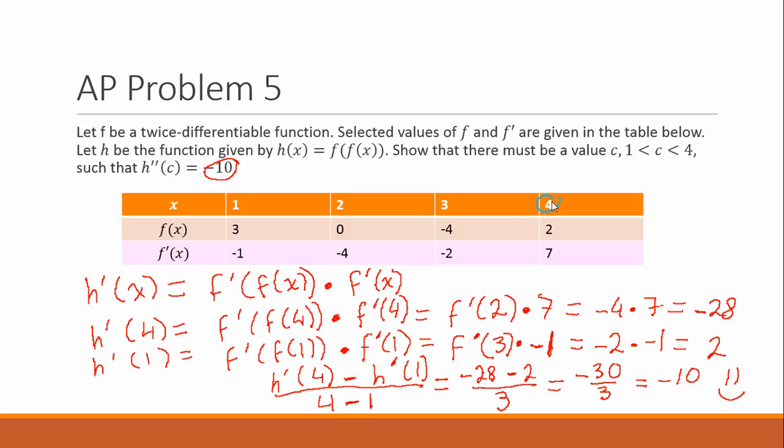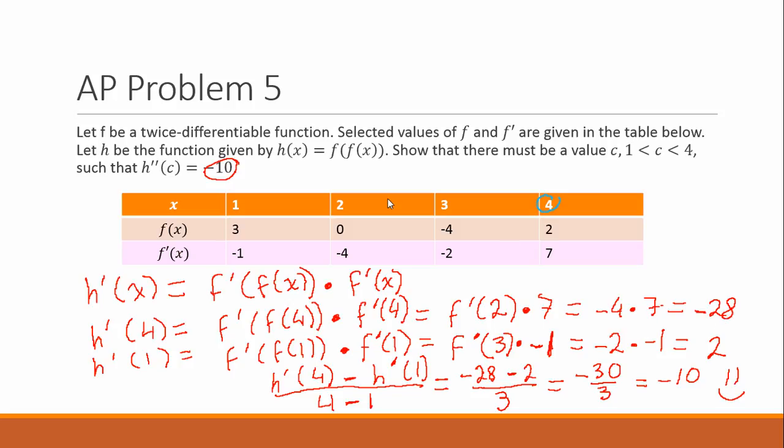At x equals 4, f prime is 7. Okay, good. So we have f prime of 2 times 7, and then f prime of 2, well, let's look here. We got 2, and then f prime of 2 is equal to -4. So here we have -4 times 7, which is equal to -28.